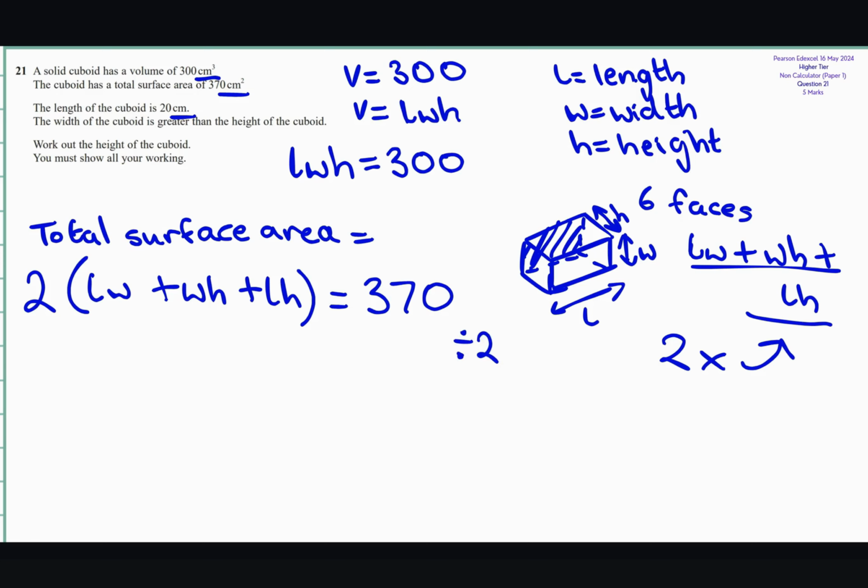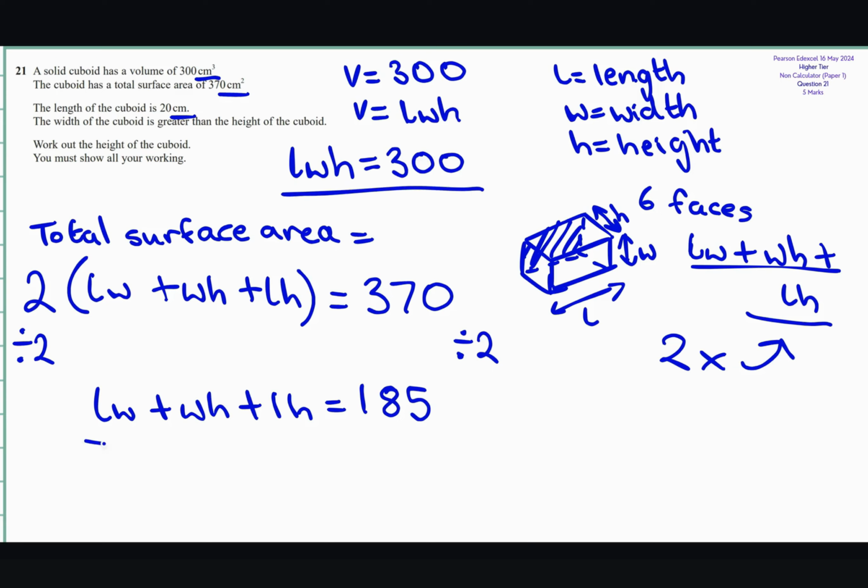So divide by 2 and divide by 2. So that will give you LW plus WH plus LH is equal to 370 divided by 2, which is equal to 185. That's great. So now we have these 2 equations, and these will help us solve for our answer.